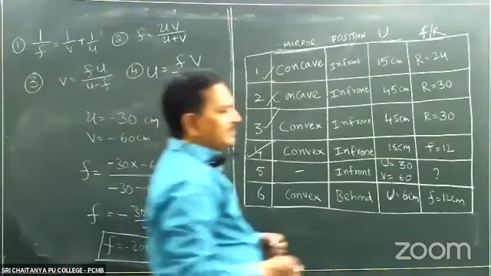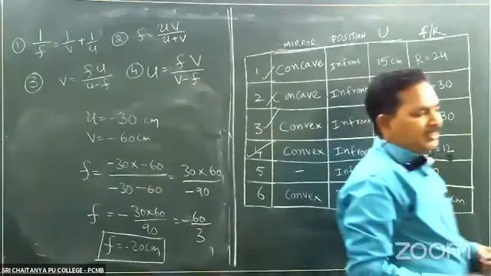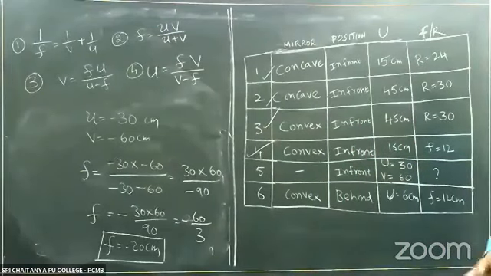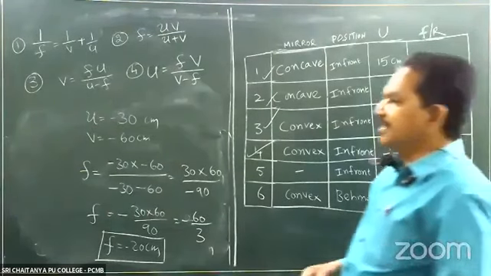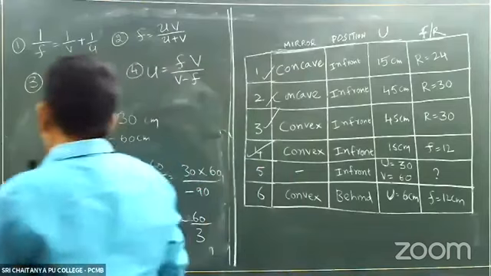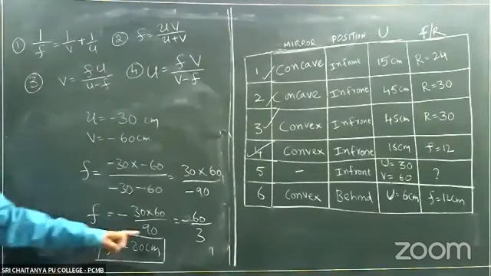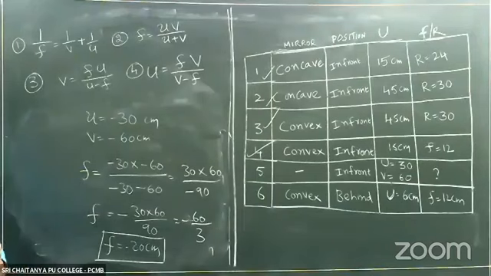So the focal length of this mirror is 20 centimeters. Then what is the nature? Already discussed a number of times. If I get F value negative, it is concave. F value positive, it is convex.